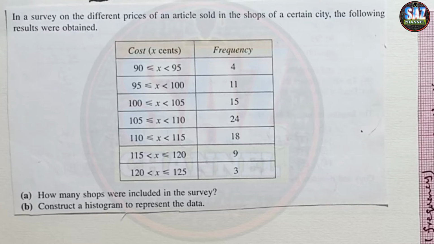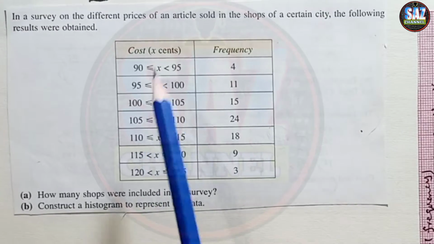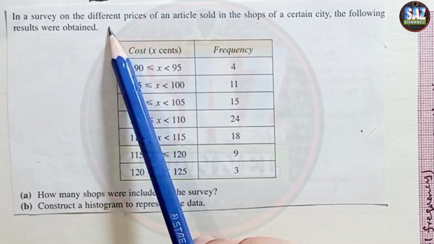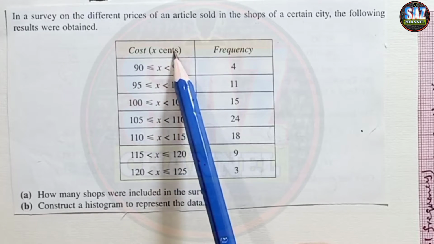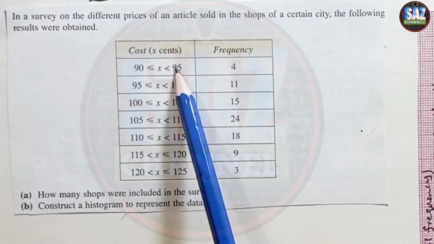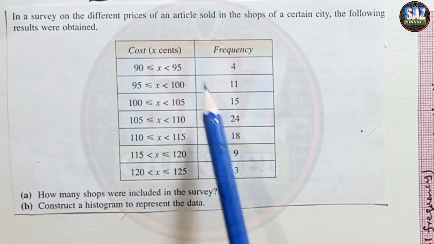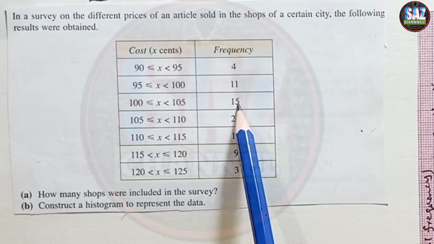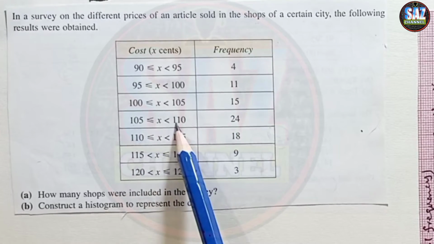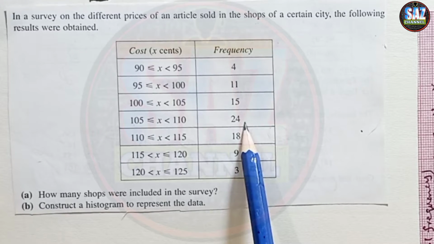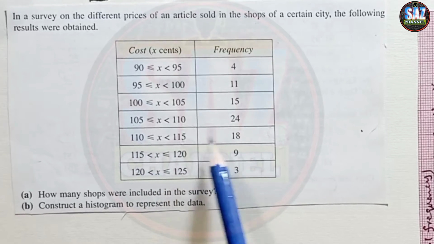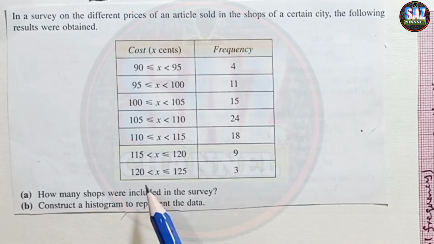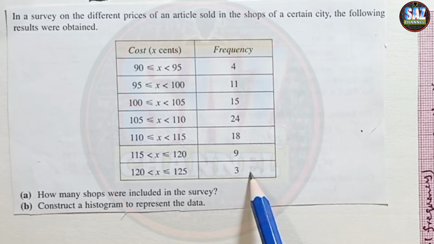Question 6 says that in a survey on different prices of an article sold in the shops of a certain city, the following results are obtained: cost in X cents, 90 to 95, the frequency is 4; 95 to 100, the frequency is 11; 100 to 105, the frequency is 15; 105 to 110, the frequency is 24; 110 to 115, the frequency is 18; 115 to 120, the frequency is 9; and 120 to 125, the frequency is 3.